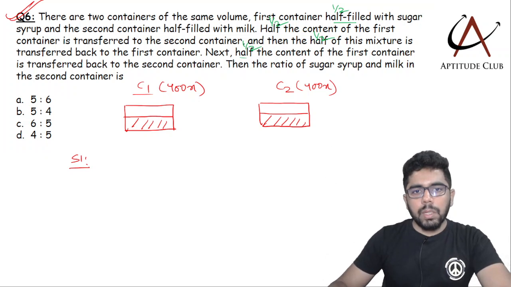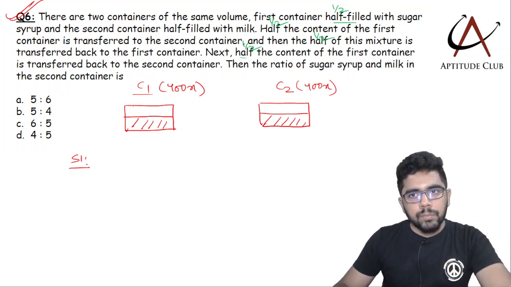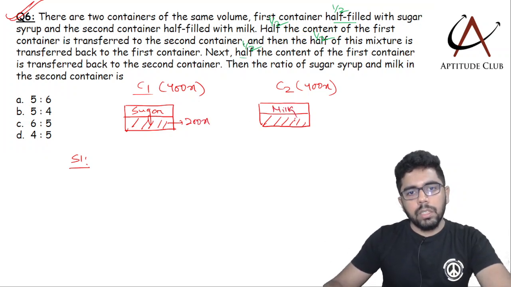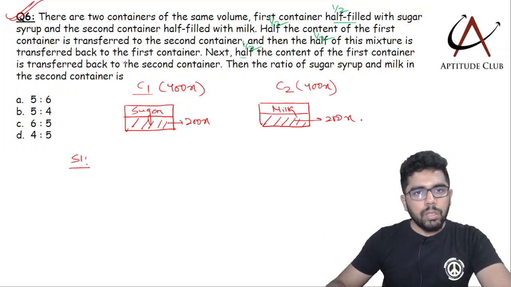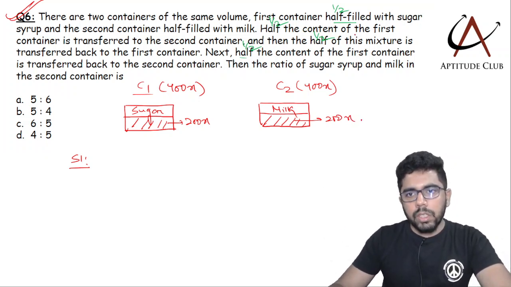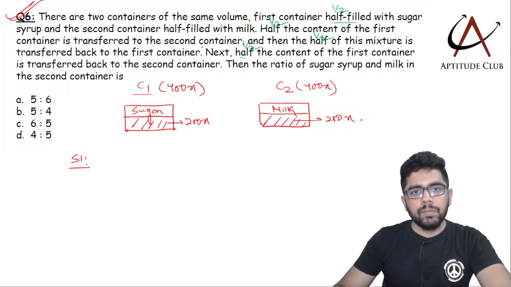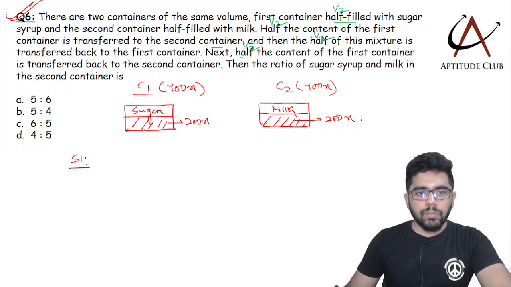If the container capacity is 400x, the first container is filled with sugar, and this is like 200x now, half filled, and the second is filled with milk, and this is also 200x. Now in step 1, what we are doing is half the content of the first is transferred to the second container.